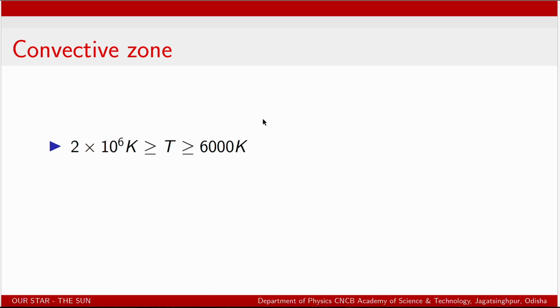Now, in the convective zone, what we see is that the lower edge of the convective zone has a temperature of 2 into 10 to the power 6 Kelvin, and the upper edge has a temperature of 6000 Kelvin. So you can see that the temperature across the convective zone falls very sharply.